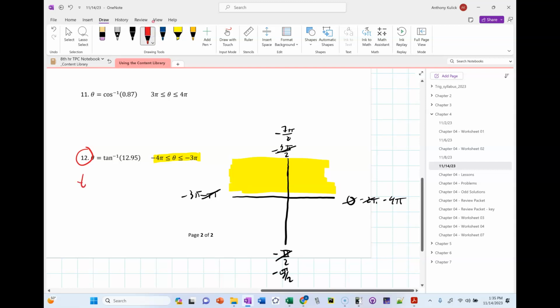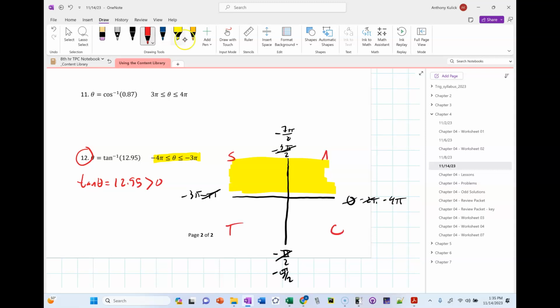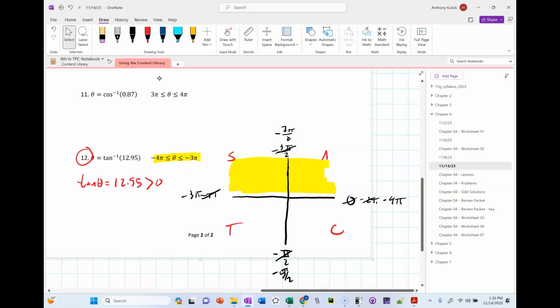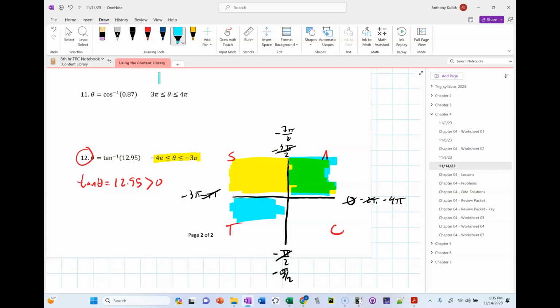And then here we have tan theta is 12.95. I notice that's positive. What quadrants is tangent positive in? A and T, right? A for all: sine, cosine, and tangent are positive, and T for tangent.